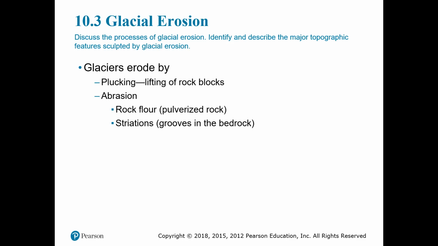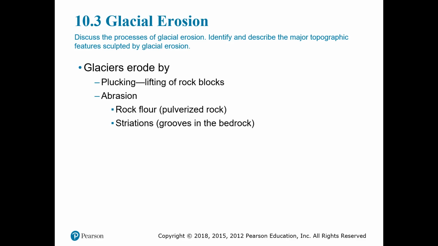And as that happens, as we looked at with mechanical erosion that we talked about a few chapters ago, we know that rocks break loose. And so as those rocks break loose, they get caught up in the glacier. So sediments of all sizes can become a part of the glacier's load.